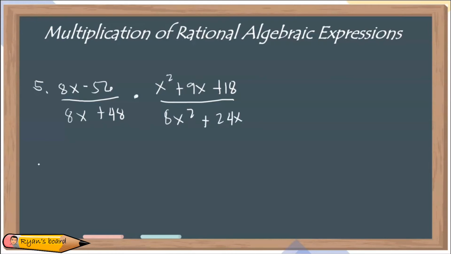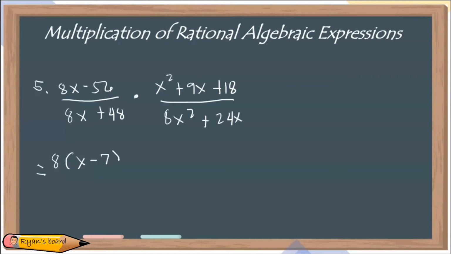Okay. Now, isa-isahin natin yung bawat polynomial. Itong numerator natin, 8x minus 56, meron bang GCF ito? I think meron. That's 8. So, what is 8x divided by 8? That's x. What is 56 divided by 8?